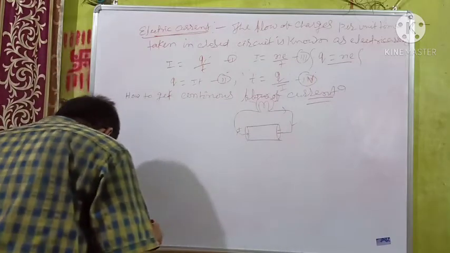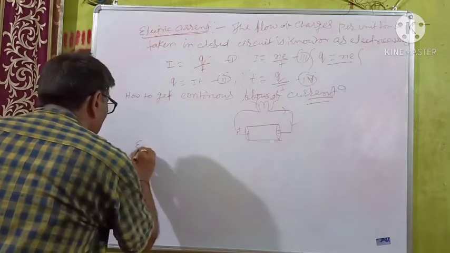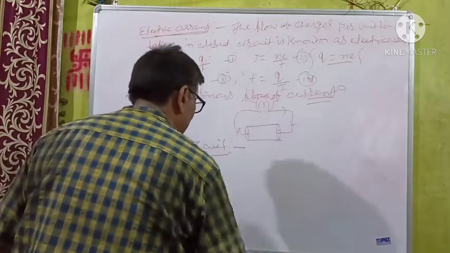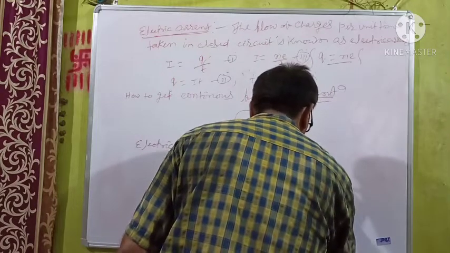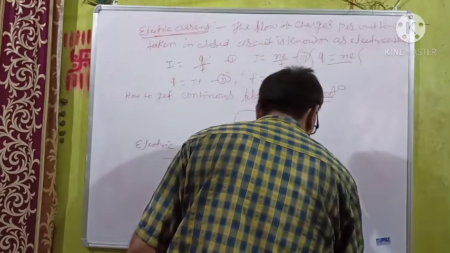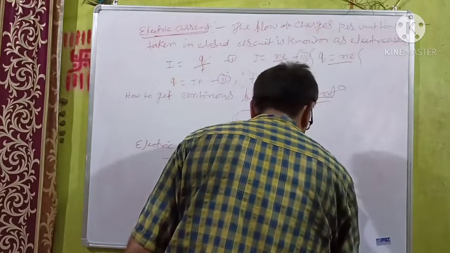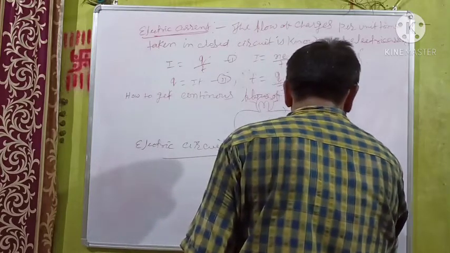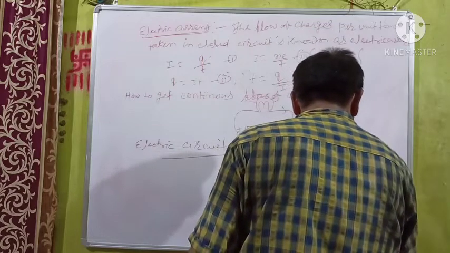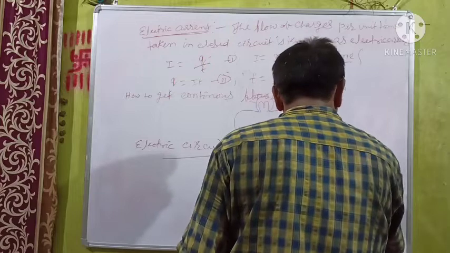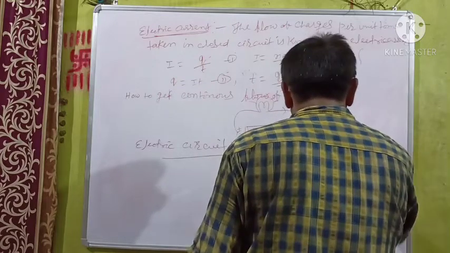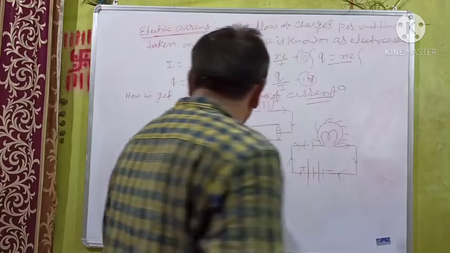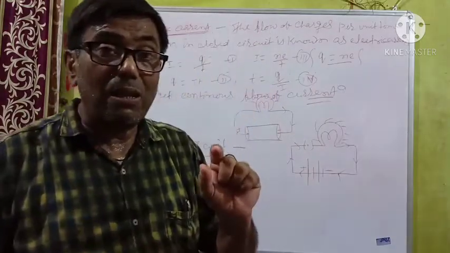Now we shall discuss the electric circuit. Here the battery is connected with a closed switch and a bulb.